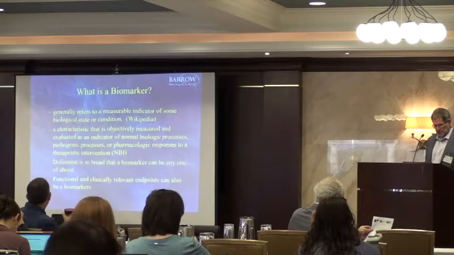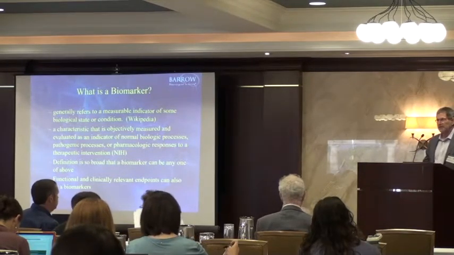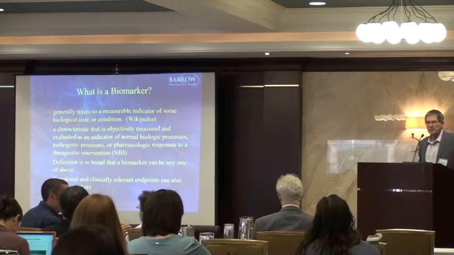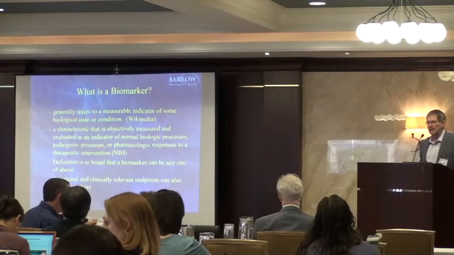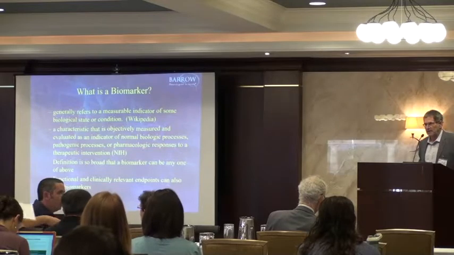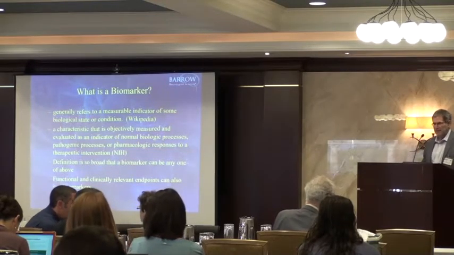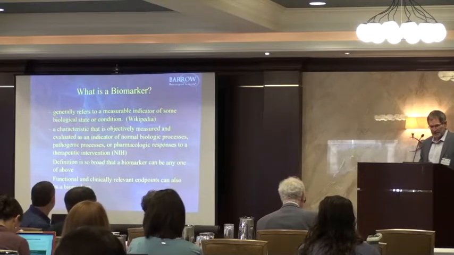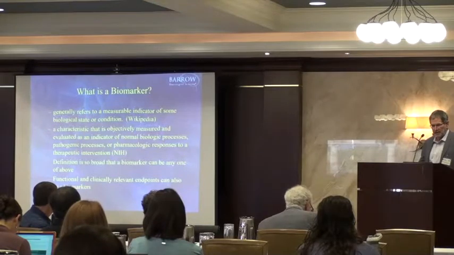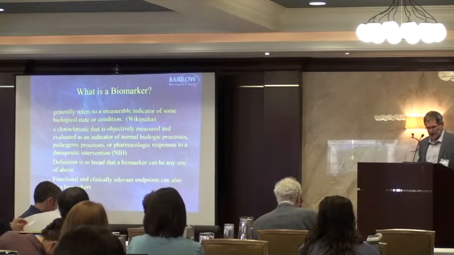So, the word biomarker is something that is used frequently in clinical trials, and its actual definition is so broad that it encompasses almost everything we do in clinical medicine and experimental patient-based research. Wikipedia says it indicates a measurable indicator of some biological state or condition.